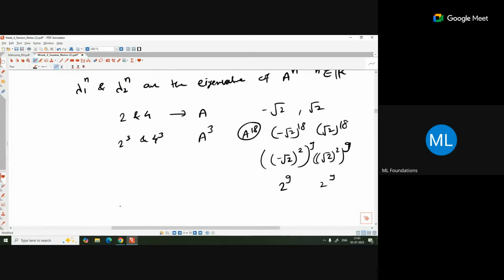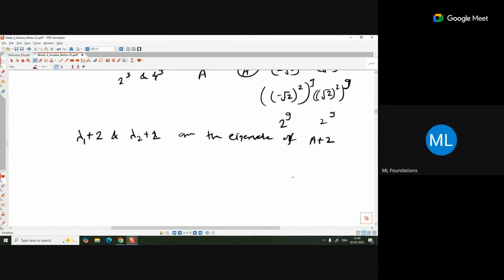That is one property. Another property: if lambda 1 plus 2 and lambda 2 plus 2, let's say, are the eigenvalues of A plus 2I, sorry, a plus 2I.